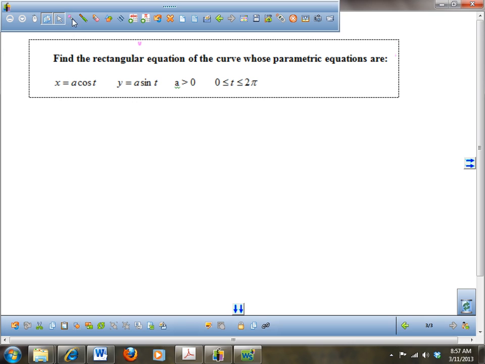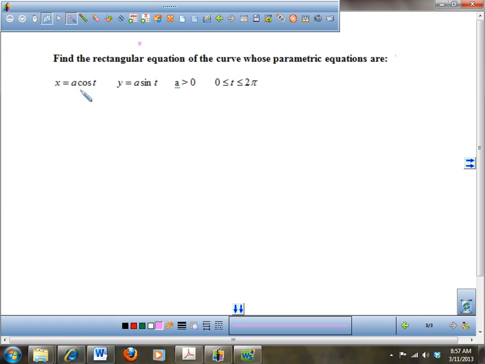All right. So the trick for this one is you write cosine of t. You rewrite, so this, if I graphed it, I would get an ellipse, a circle, I believe. So x equals a cosine of t, so cosine of t equals x over a.